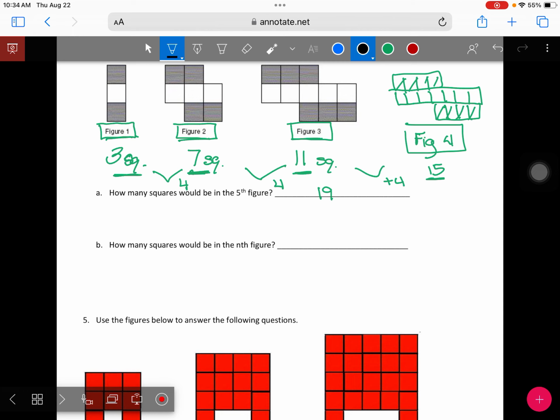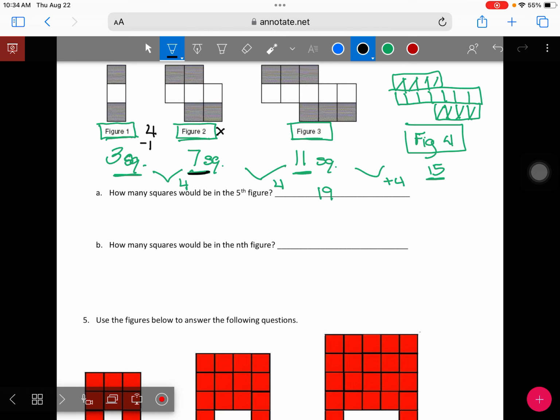It's an increase, right? So you're either going to be adding or maybe multiplying. So 1 plus 2 doesn't work. 1 times 3, 2 times 3 is 6. That doesn't work for that one. What about 1 times 4? Gives me 4, and then I subtract 1.